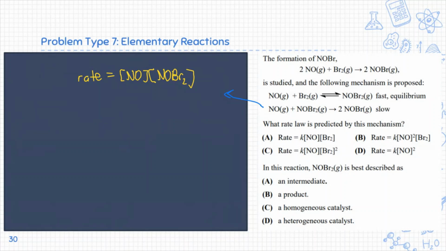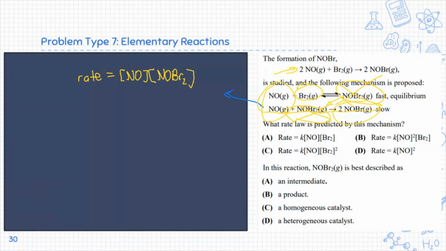Oh, NOBr2 is not a reactant. It is actually an intermediate. As you can see, although it is produced, it is destroyed by the second reaction. So overall, it does not appear in the chemical equation. Why? This gets canceled out. And if you add these together, you get 2NO plus Br2 equals 2NOBr.